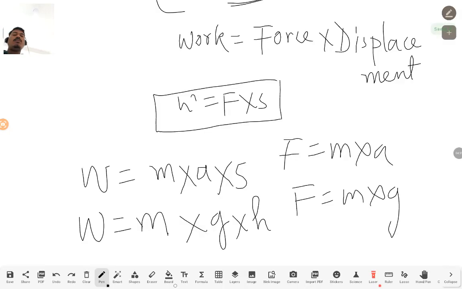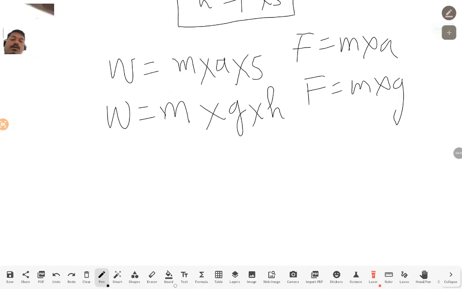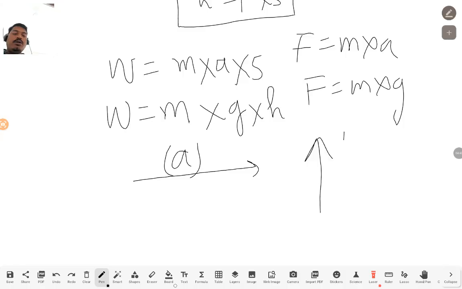Because whenever an object moves linearly, the acceleration will be A. But if an object goes only upward or downward, it is always G or minus G.